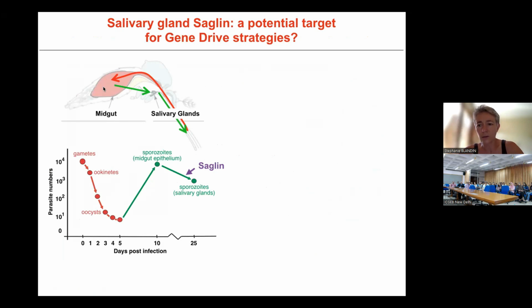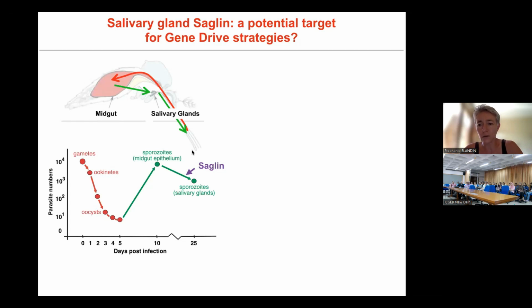These gametocytes form gametes, they fuse, and form an ookinete that crosses the midgut epithelium. Then they round up, form a cyst that will develop over 7 to 10 days and will release lots of parasites in the body cavity. Some of them will make it to the salivary glands. And if this mosquito takes another blood meal, then it will transmit malaria parasites.